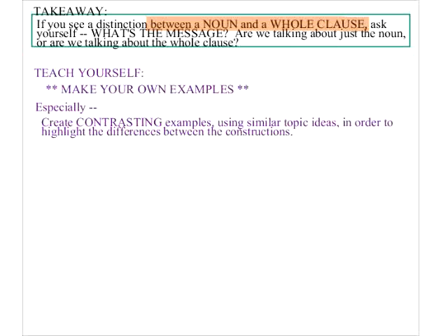So let me give you an example of what I'm talking about. Here are two sentences. Again, both of them are correct.